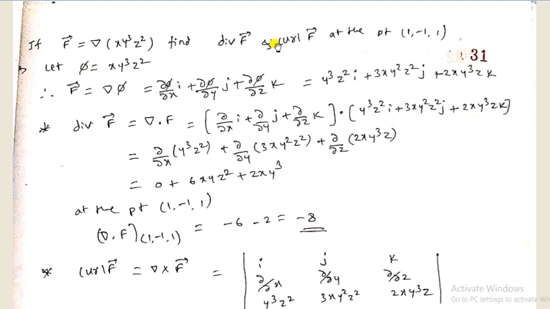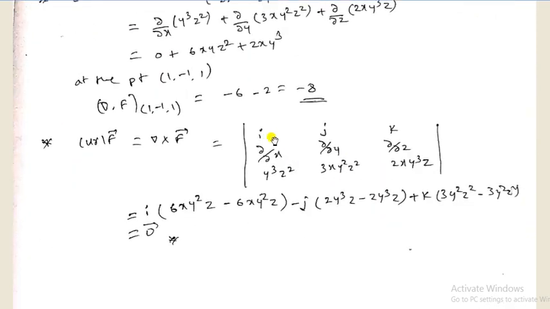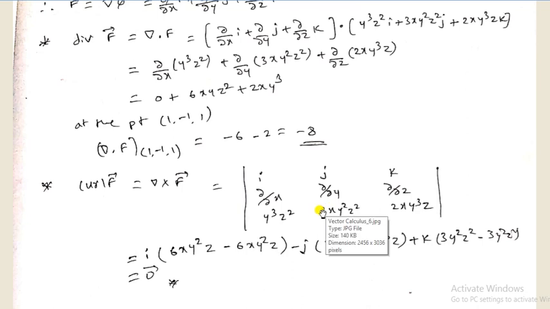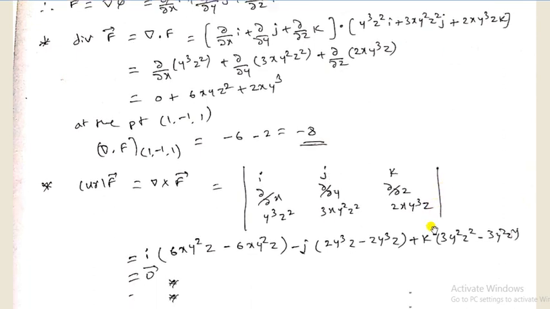Next one is curl of vector f. So use the determinant of i, j, k, dou by dou x, dou by dou y, dou by dou z. Then use vector f here: y cube z square, 3x y square z square, 2x y cube z.